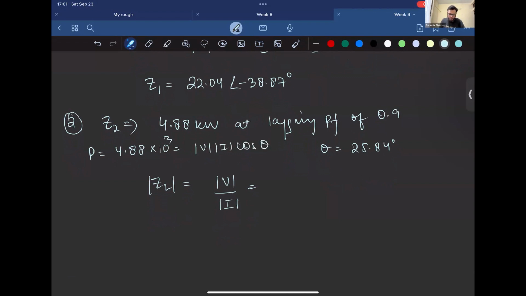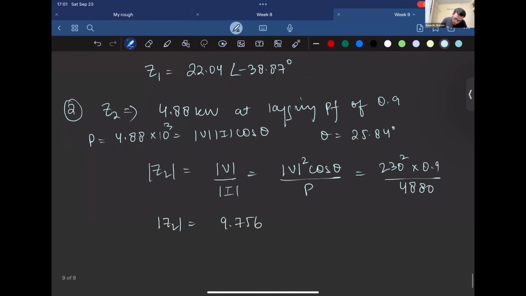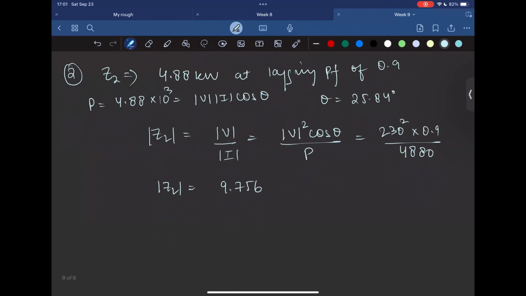So multiplying mod of V cos theta on both sides we get V square cos theta upon P. So that means 230 square into 0.9 divided by 4880. 9.76, right? That's what you got. Now, it won't be 8.3. It's V square cos theta upon P.